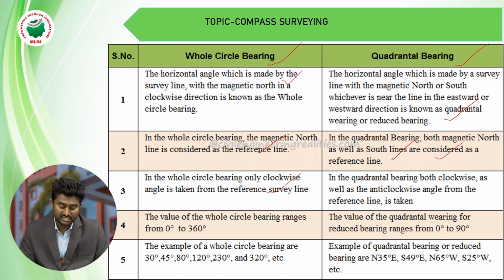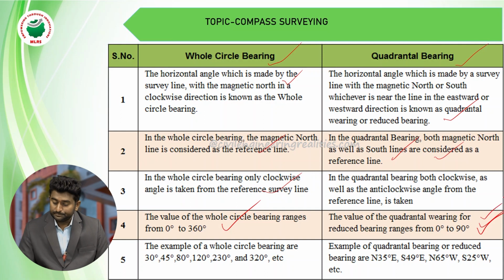In the whole circle bearing system, the value is 0 degrees at the north side and it is measured in the clockwise direction: 0 to 90 degrees, 90 to 180 degrees, 180 to 270 degrees, 270 to 360 degrees. This is the whole circle bearing system. Next, coming to the quadrantal bearing system. The values of the quadrantal bearing system, the reduced bearings, range from 0 to 90 degrees only.